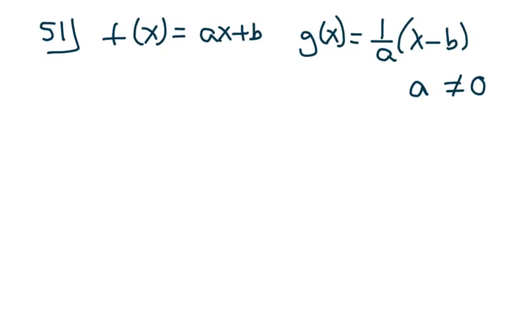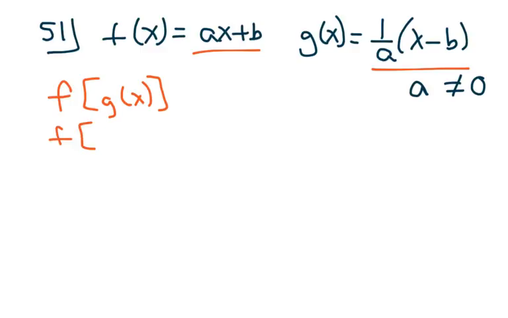And for 51, basically what I did on your different versions is I just made different numbers here. Right? So we're going to compose f with g of x. That's f with g of x is 1 over a, x minus b. Now remember, a can't be 0. They have to state this because you can't divide by 0.